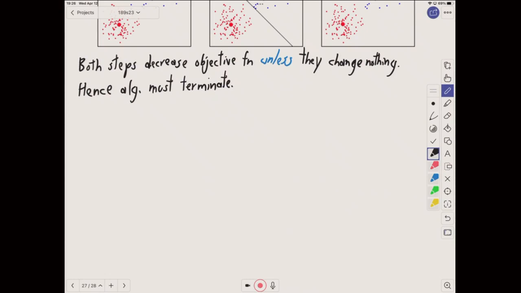If you were very clever, you can devise theoretical examples of point sets where this actually takes an exponential number of iterations, but that never happens in practice. You really have to design a pathological point set to get that to happen. So in practice, it's usually fast.